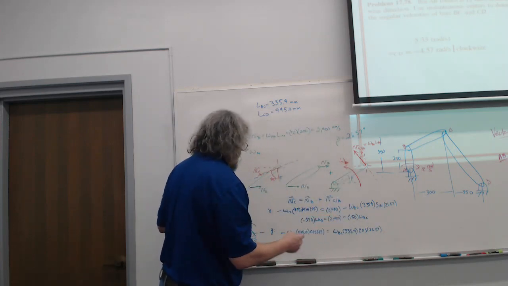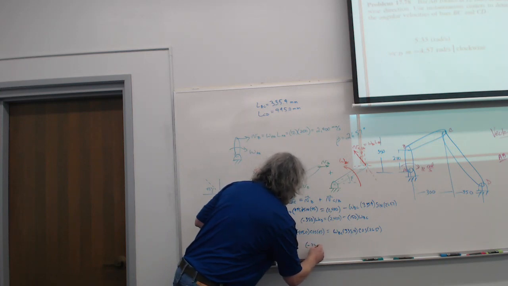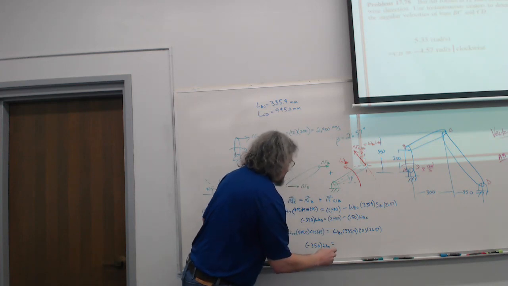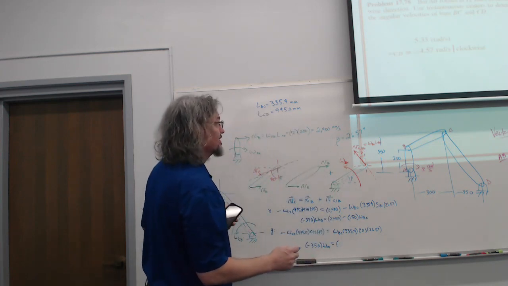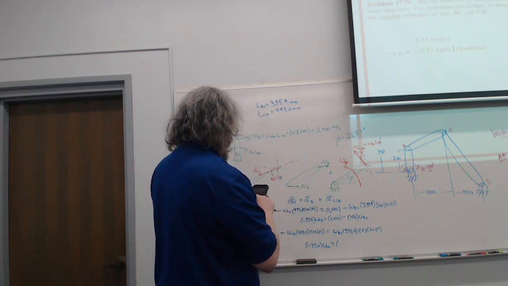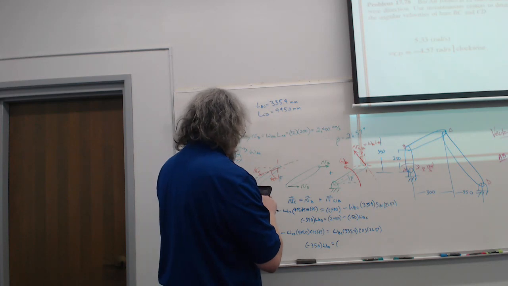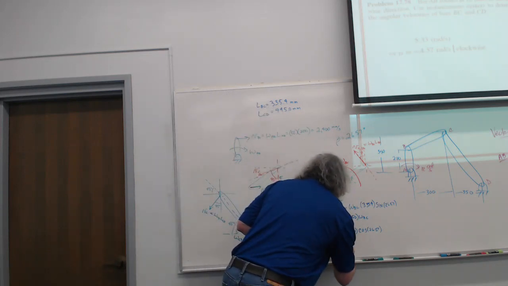And that too should come out to negative 350 omega CD equals, and I'm guessing that's going to be 300. Look at that, 300. We're damn close to it.